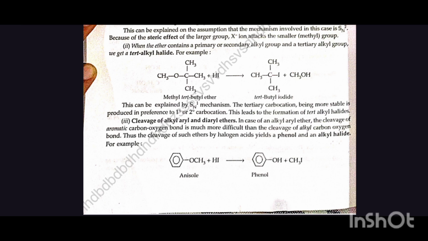Third, cleavage of alkyl aryl or diaryl ethers. In the case of alkyl aryl ethers, the cleavage of the aromatic carbon-oxygen bond is much more difficult than the cleavage of the alkyl carbon-oxygen bond, and thus the cleavage of such ethers by halogen acid yields a phenol and an alkyl halide.